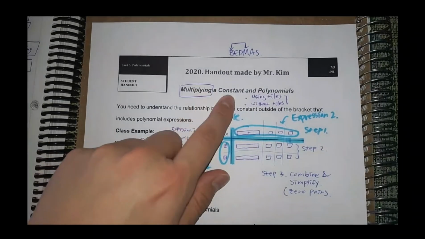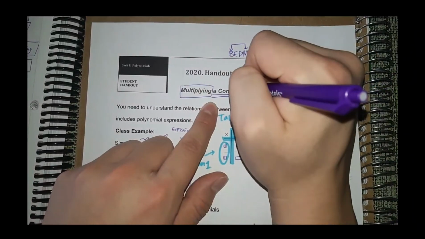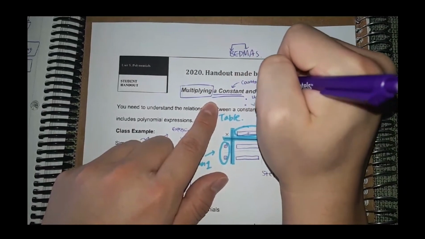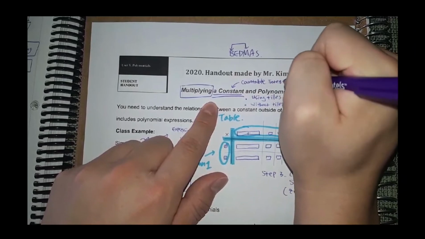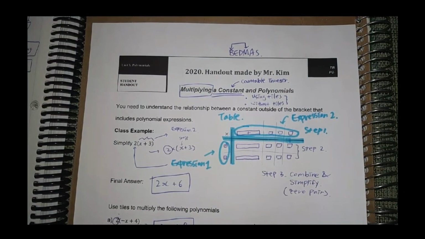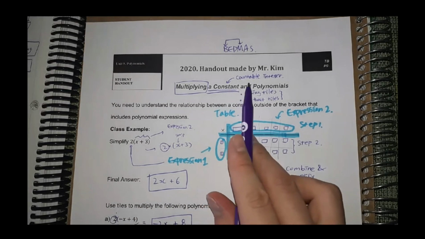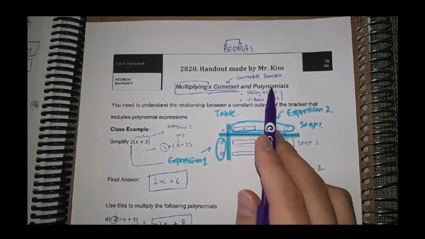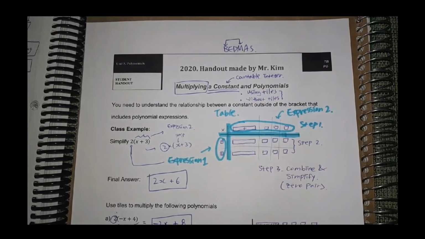I know that the question over here says multiplying a constant, and you know a constant is just a countable number, an integer in this case. So you will deal with situations where you have numbers outside. You know what? I'm going to change my plan a little bit. Let's not do those for now because we're going back to online learning. Let's just go along with the constant situation. Sorry, I was going to do some experimental stuff, but maybe not a good time for today's lesson.